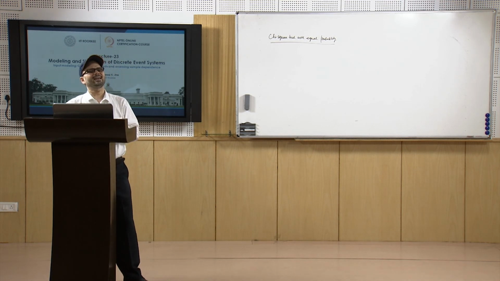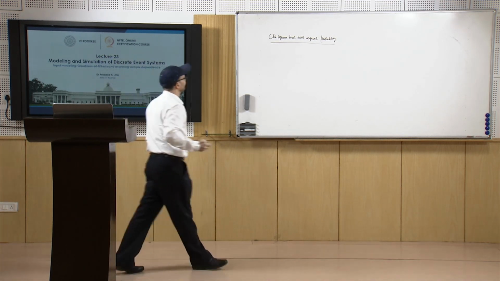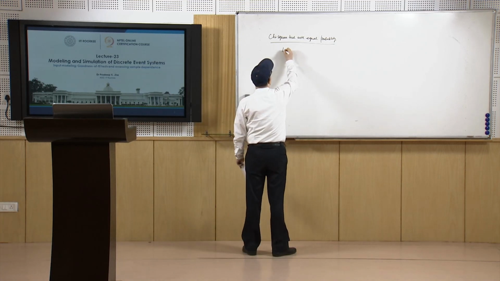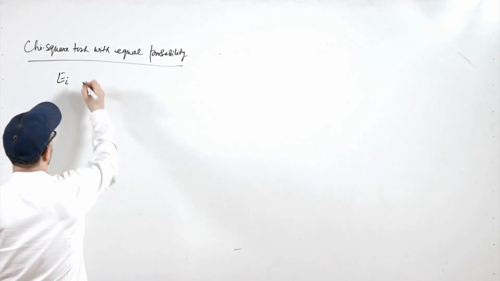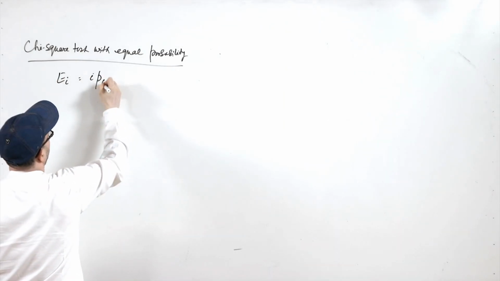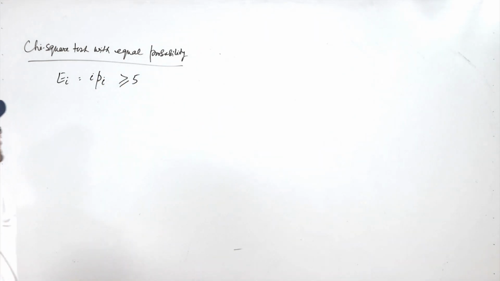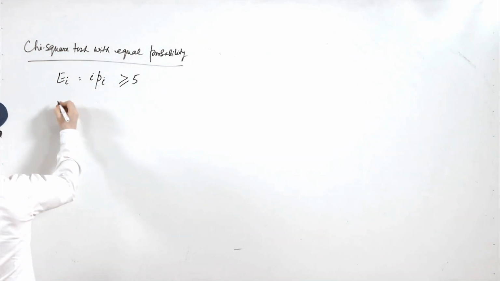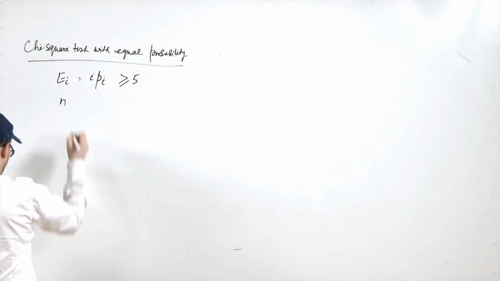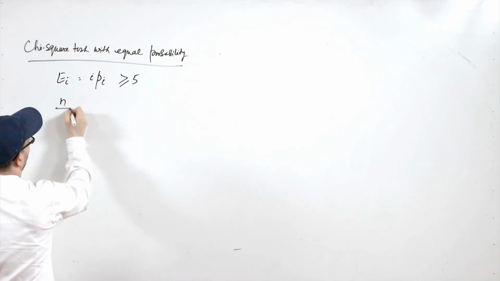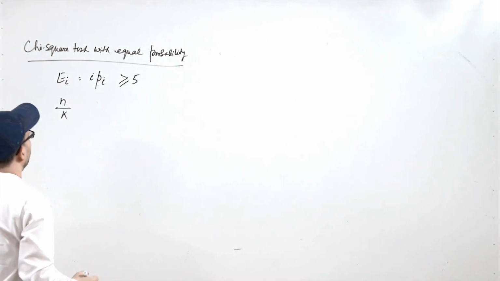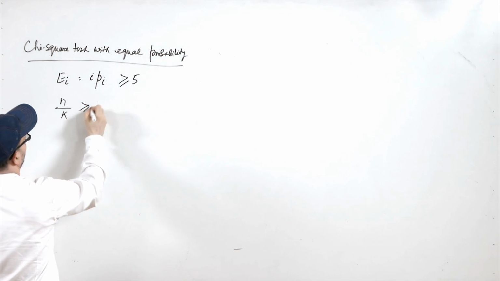So, EI is given as n PI, and if you take the maximum number of intervals, in that case it should be more than or equal to 5. So, it will be written as n by k, it should be more than or equal to 5.